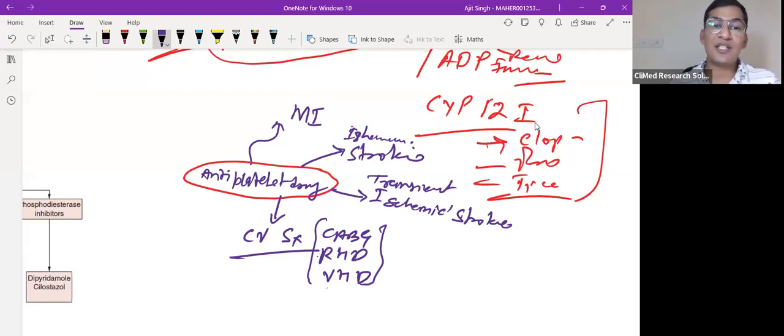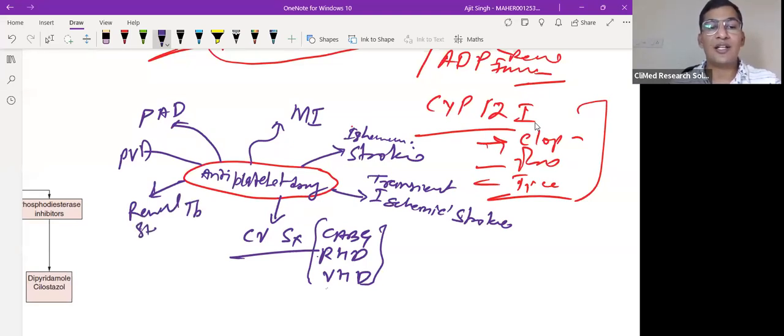And not only these, but as I told yesterday, they extend to peripheral arterial disease, peripheral vascular disease, or maybe renal stent thrombosis, and they could be used in DVT also.